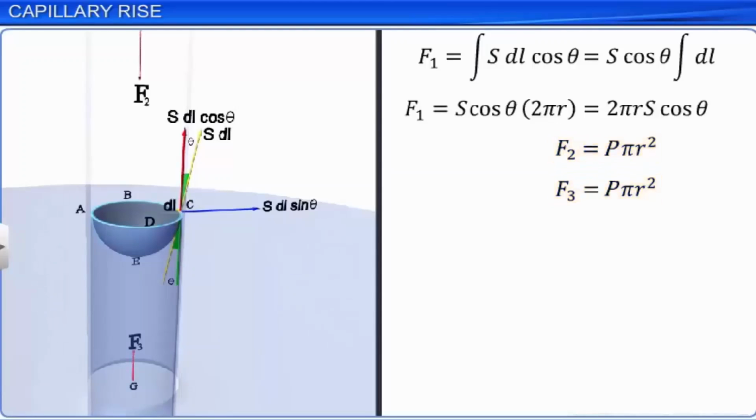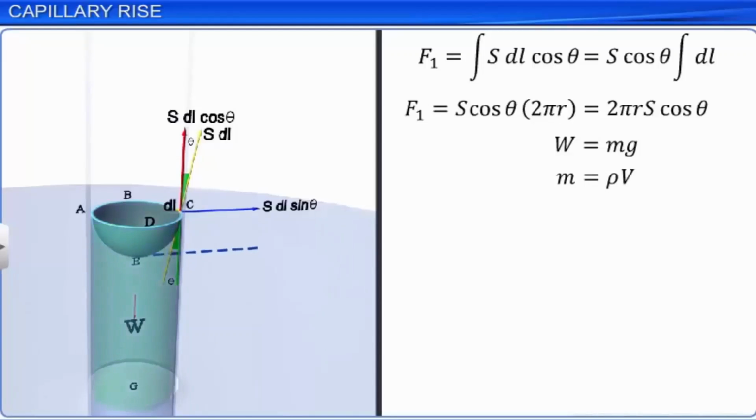Now, the weight of the liquid in the capillary tube is the product of its mass m and acceleration due to gravity g, and acts vertically downwards. The mass of the liquid is the product of its density rho and volume V. The volume of the liquid in the capillary tube is the sum of the volume of the cylindrical portion of the liquid from point G to E and the volume of the liquid in the concave meniscus.